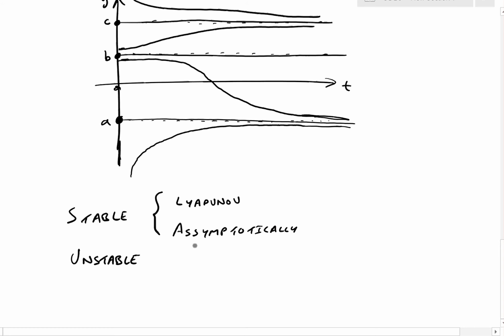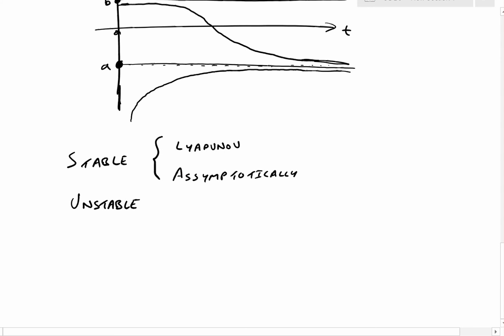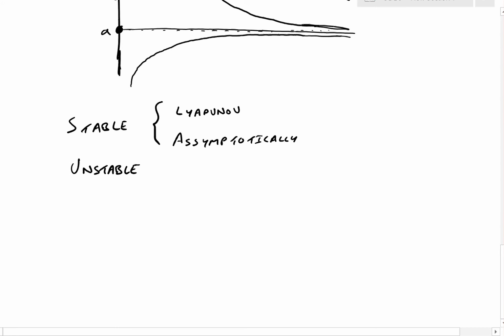Now, Lyapunov stable. The easiest way to explain this: asymptotically stable, hopefully you can visualise what that is.